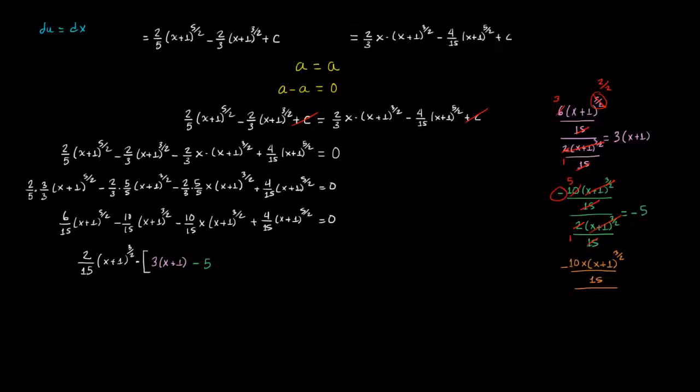There it is. Now the common factor is again this one, so I'm going to divide over it. 2 times (x plus 1) raised to 3 over 2, over 15. I'm going to simplify this out. It's going to cancel these two out. This 1, 5, and these two will cancel out completely.